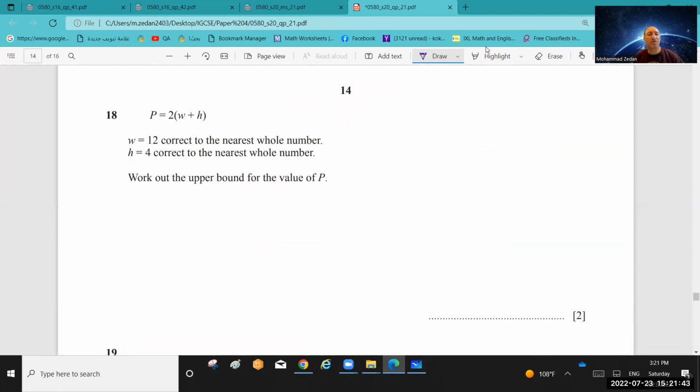P is equal to 2 times W plus H. If W is 12 corrected to the nearest whole number, the upper bound is 12.5 and the minimum is 11.5. And H is 4 corrected to the nearest whole number, so you have 4.5 as the upper bound and 3.5 as the lower bound. Work out the upper bound.